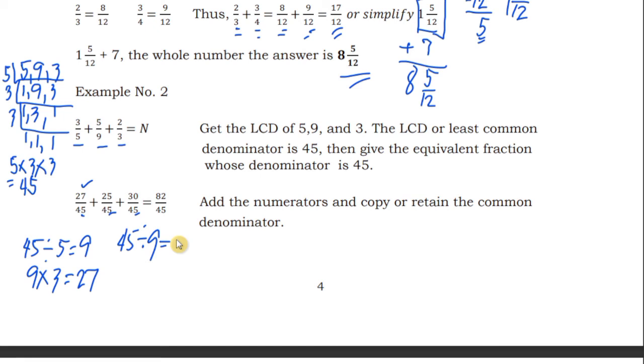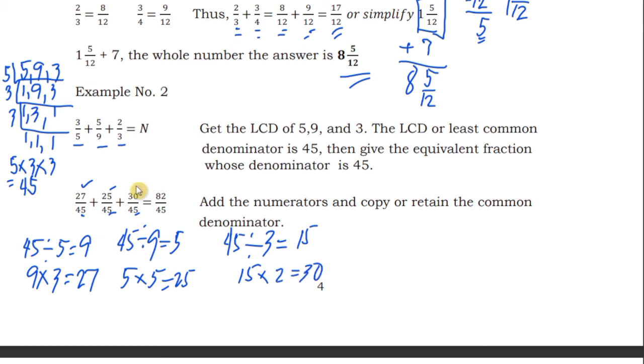Then 5 times the old numerator, which is 5, is 25. The last term is 45 divided by 3, which is 15. Then 15 times 2 is 30. So that is why we have 30.